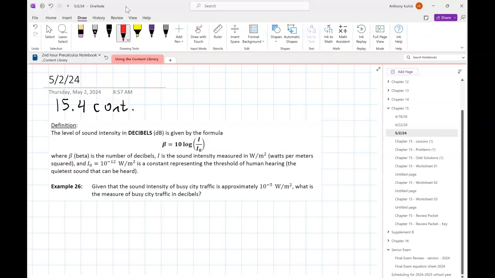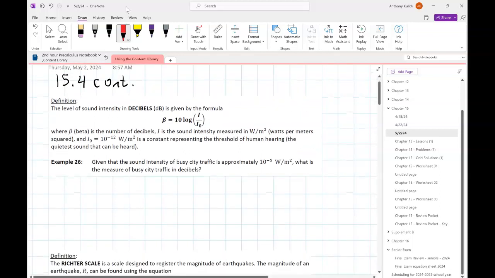We'll probably finish up chapter 15 next class. Then we'll have a review day and maybe the test, either the end of next week or the beginning of the week after. That's kind of what we're looking at. All right.